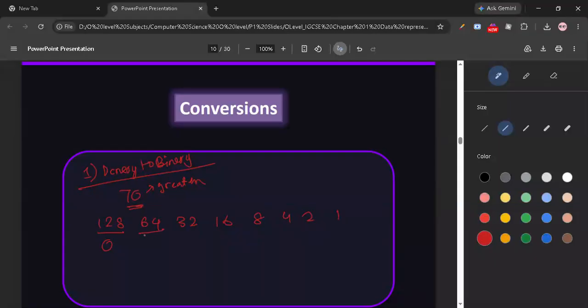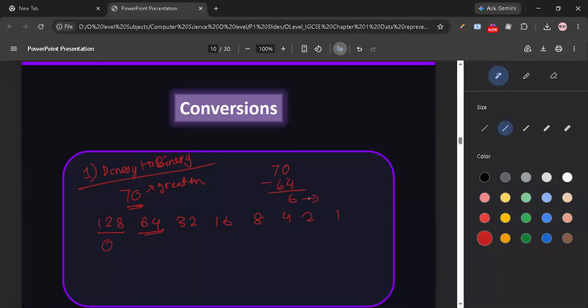Alright, 64 is smaller than 70, so we must subtract it. 70 minus 64 is 6.